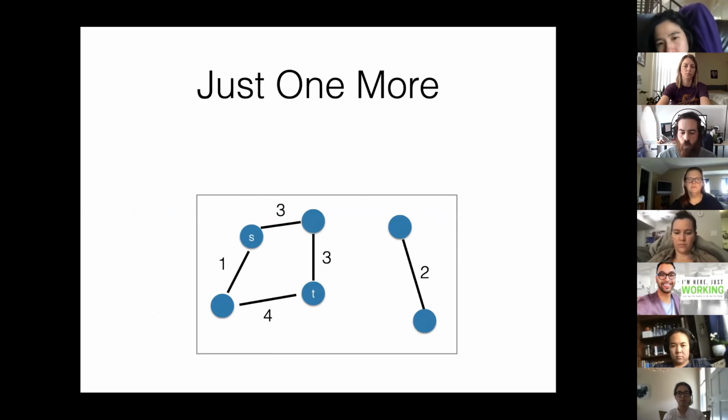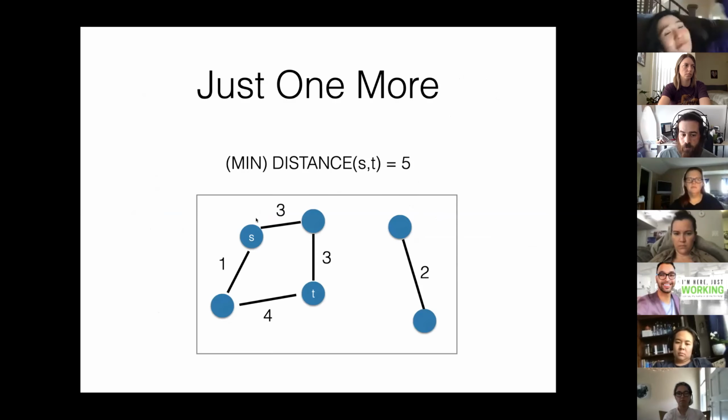Here's just one more, I promise, graph property before we actually do something with this. Distance. So you can think of the minimum distance between two nodes in a graph as the cost of getting from one node to another. So in the graph that I've splashed up over here, we can get from the source to the target in two ways, right? We could take this edge and then this edge, or we could take this edge and then this edge.